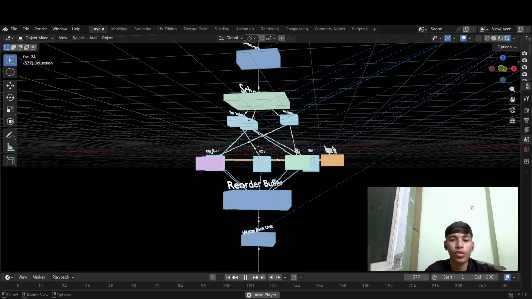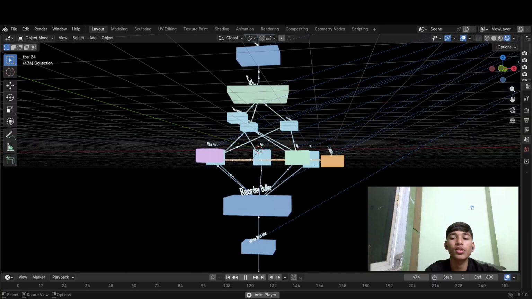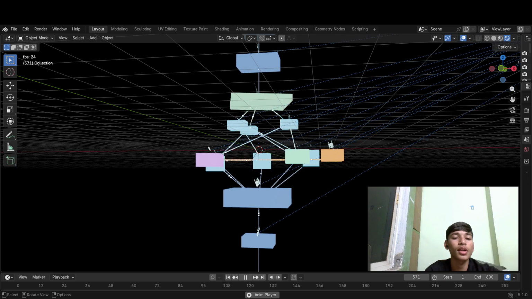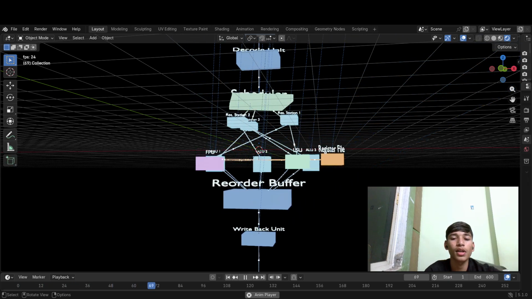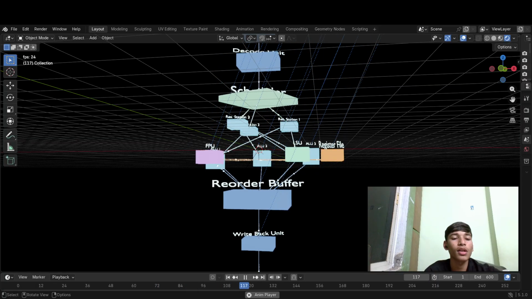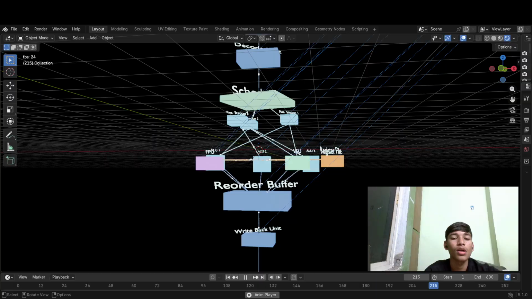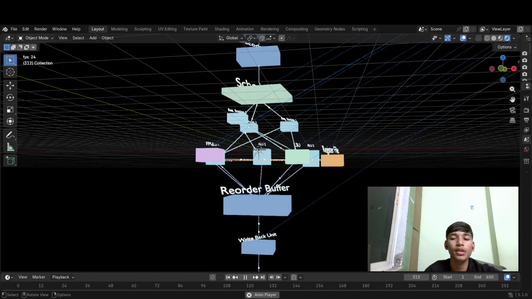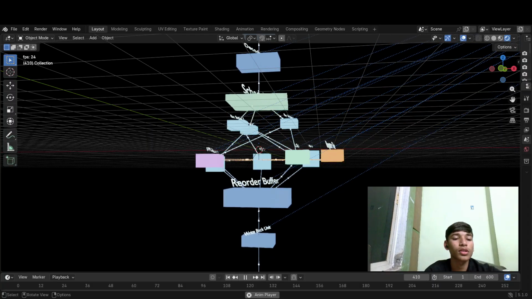All the execution units funnel their finished results here. The ROB catches the completed instructions, sorts them back into the exact order of the original program, and safely retires them. Finally, the results move to the write back unit, the WBU, which officially commits the data to memory or architectural registers and shoots the finished result out of the system.